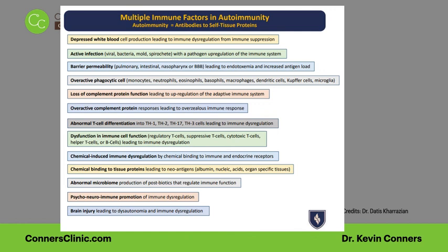Some people's major issue is their microglial system in their brain and the inflammation in the brain that's causing an imbalance in the HPA axis and an imbalance in hormone production, and fatigue is their main thing. Some people are going to have an abnormal T cell differentiation and they're just hyper Th1, and that is their main thing. Just calming that down and stimulating Tregs is going to be the biggest thing that's going to help balance them.